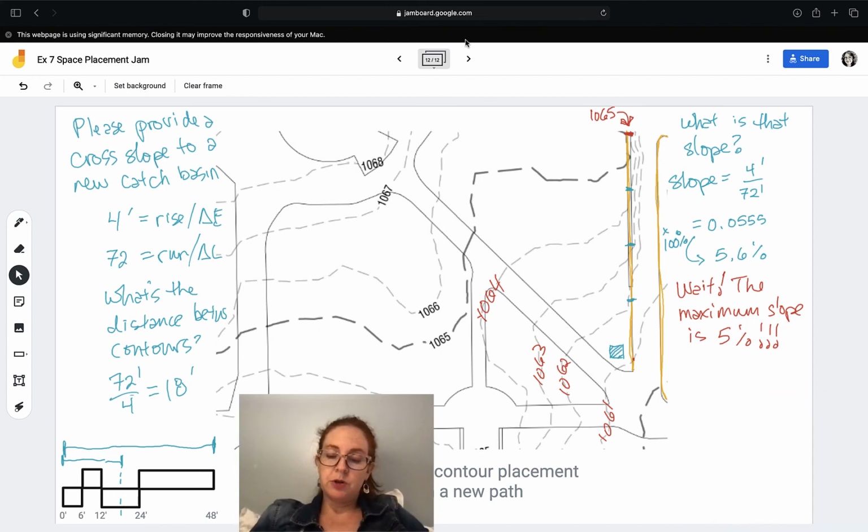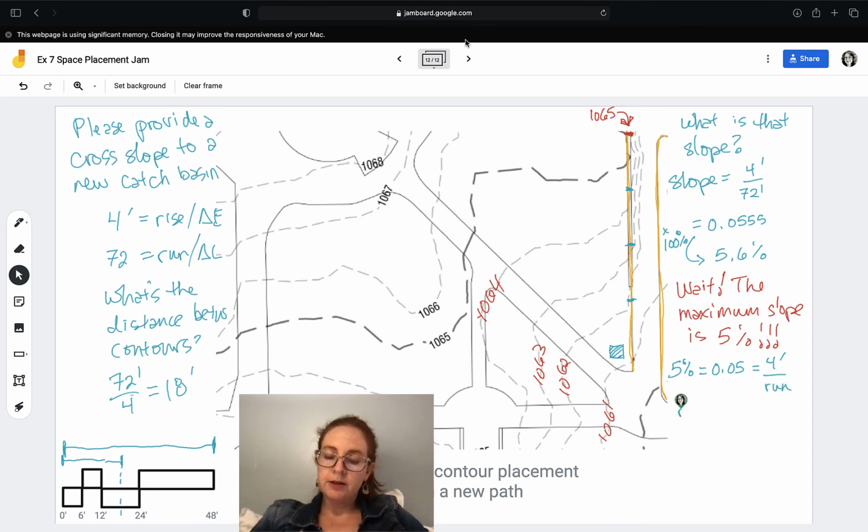So let me set up a new equation. My slope is 5%. But because I'm now doing math, I'm going to convert it back to that decimal. 0.05 is my maximum slope. My rise is still 4 feet, but my run is what I need to solve for.